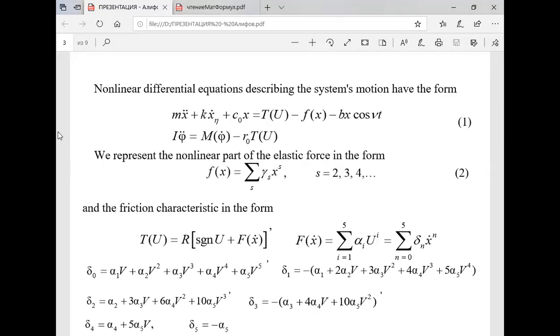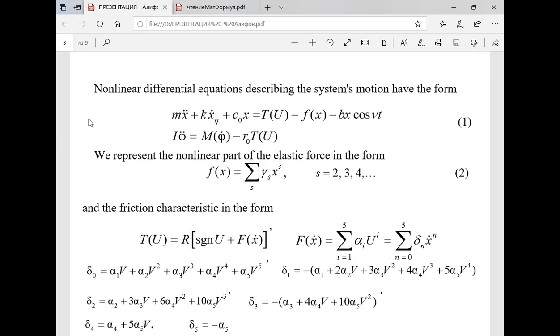Nonlinear differential equations describing the system's motion have the form m x double dot plus k x dot sub eta plus c sub 0 x is equal to T of u minus f of x minus b x cosine vt. I phi double dot is equal M of phi dot minus r sub 0 T of u.